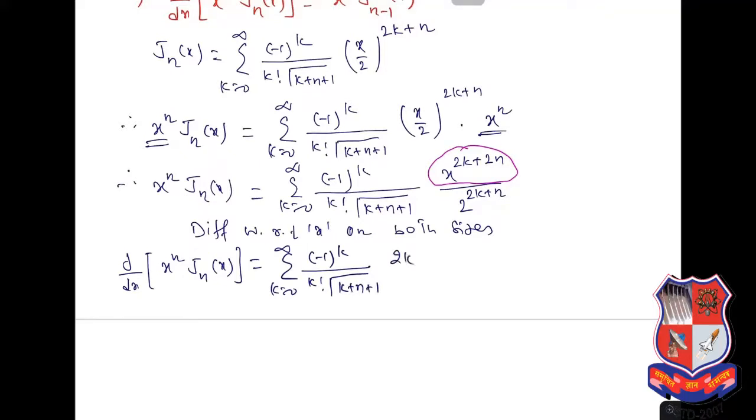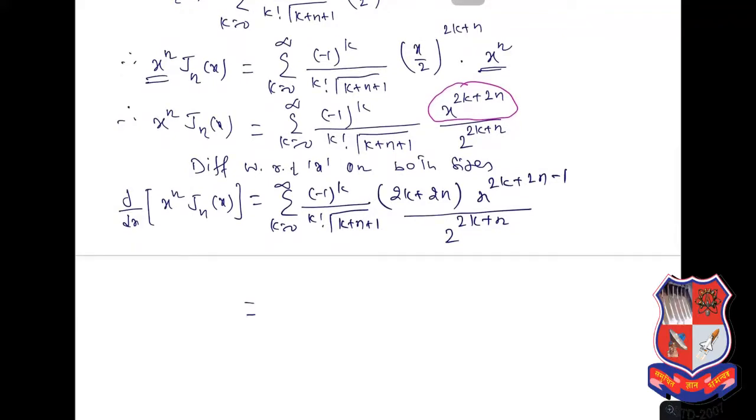Now this is 2k plus 2n, x power 2k plus 2n minus 1 over 2 power 2k plus n.